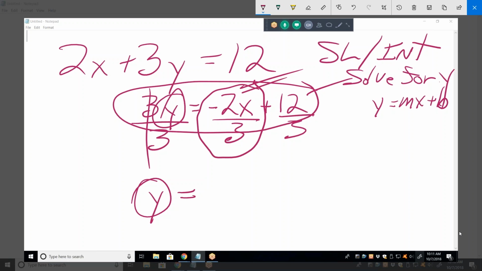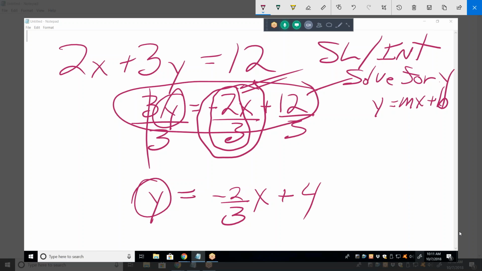So what is the next term? Minus 2/3 x. Notice I did not write minus 2x over 3. I pulled out that fraction because that's the slope. That is m. Now, what's 12 divided by 3? 4.